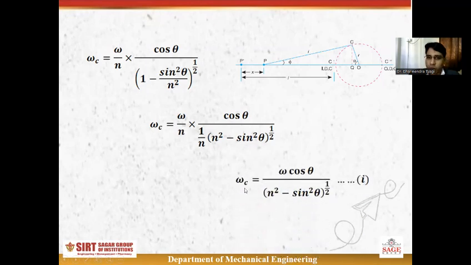The final value of ωC equals ω cos θ divided by (n² minus sin²θ) raised to power 1/2. So this is the simple derivation of angular velocity of the connecting rod.